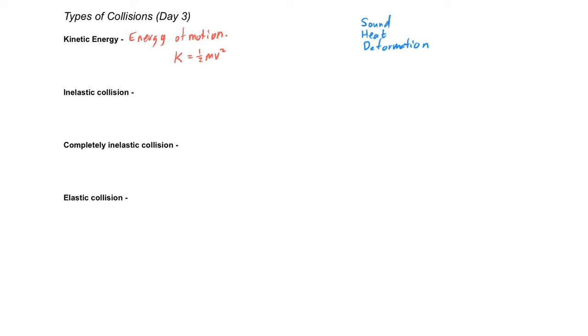Most of those situations where we have a collision is what we call an inelastic collision. Now, in an inelastic collision, kinetic energy is not conserved. All right? Now, you may remember that when we talked about momentum, we said that the sum of the momentums initial has to equal the sum of the momentums final. And that's what it meant when we said that momentum was conserved.